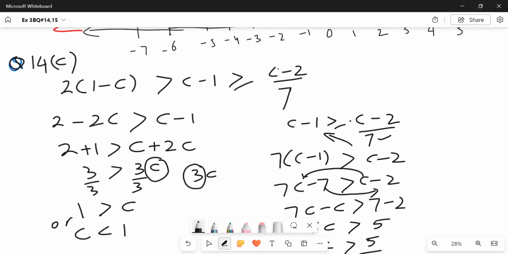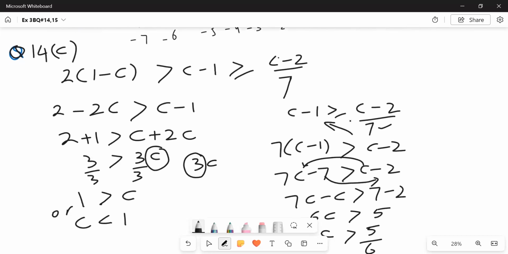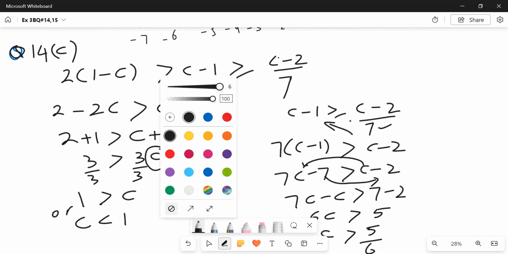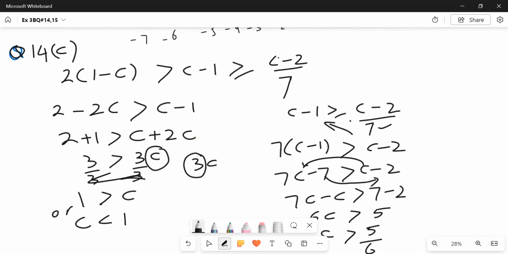But teacher, can we move the 3 to the other side here? Yes, we can move it also. Wait. It is 3 and 3C.